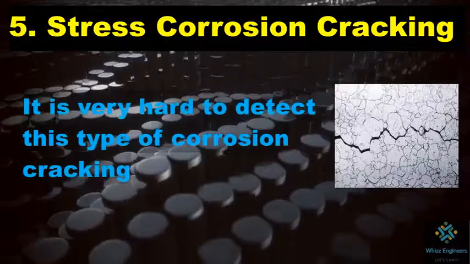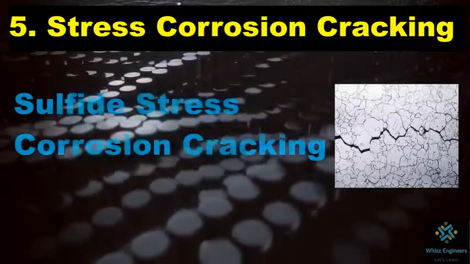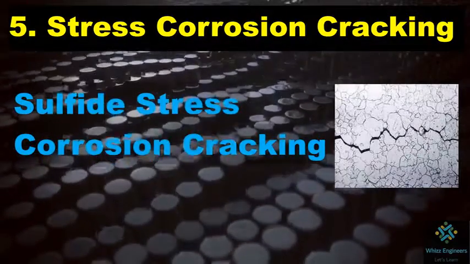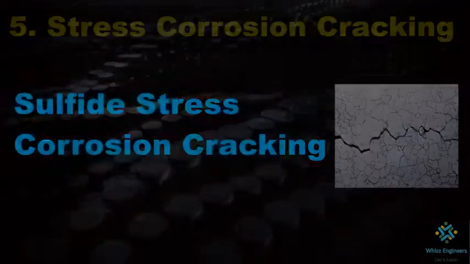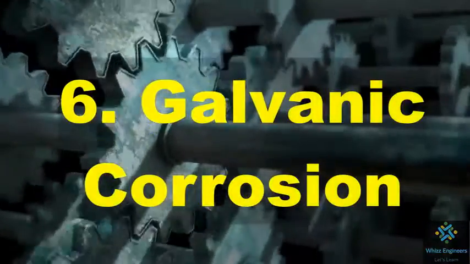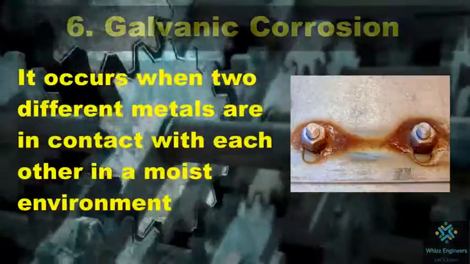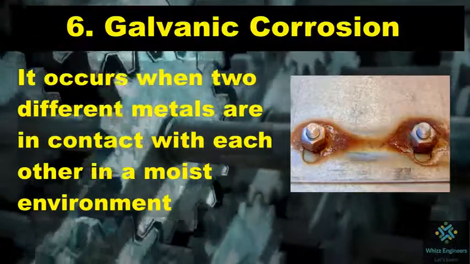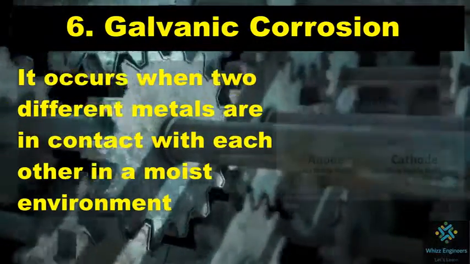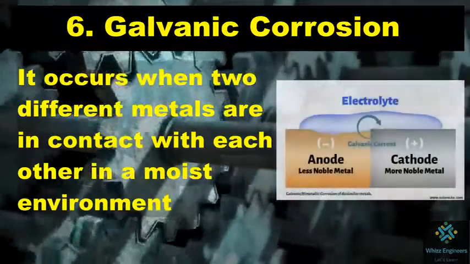Another form of this type of cracking is sulfide stress corrosion cracking, which is associated with hydrogen sulfide in oil and gas fields. Now the sixth one is galvanic corrosion. It is also known as bimetallic corrosion. It occurs when two different metals are in contact with each other in a moist environment. Water or moisture acts as an electrolyte.